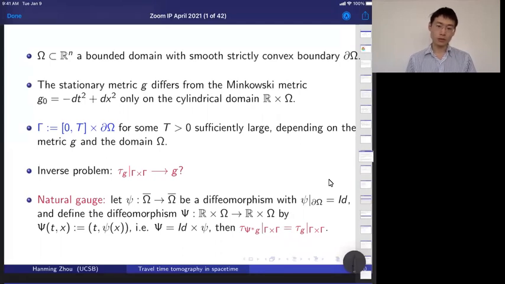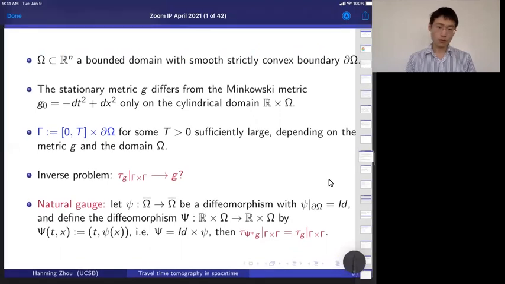Then one can check that the pullback of the metric by this capital psi has a Lorentzian distance function that is still the same as the original Lorentzian distance function for the metric g. So the inverse problem can be restated as: if we know the Lorentzian distance function, can we recover this stationary metric up to such diffeomorphism?